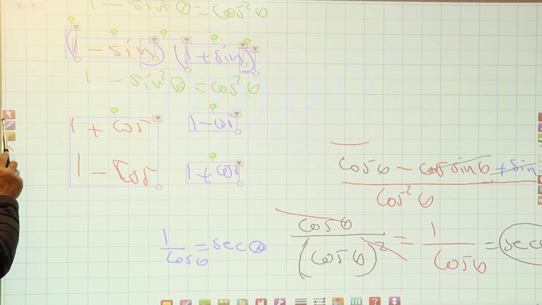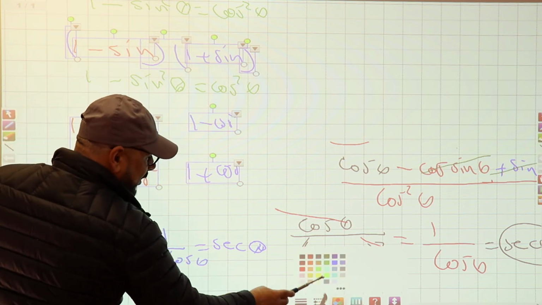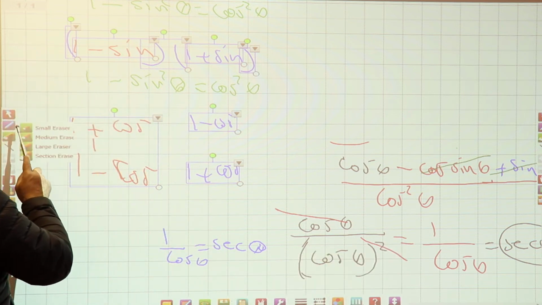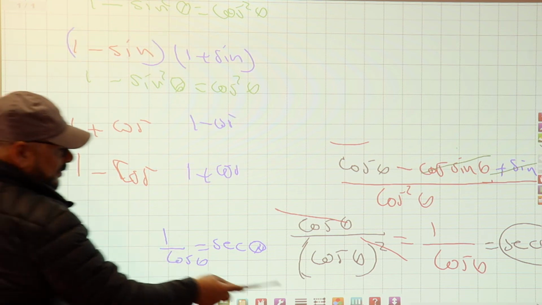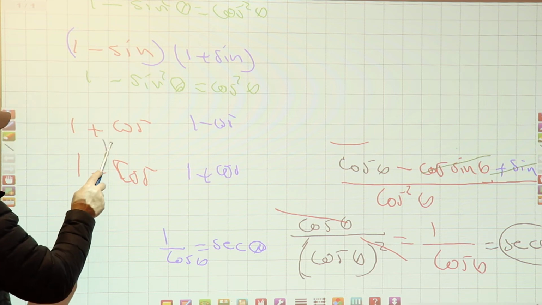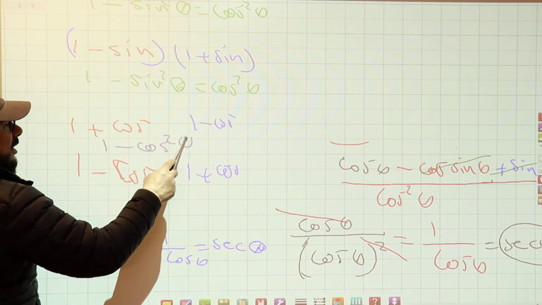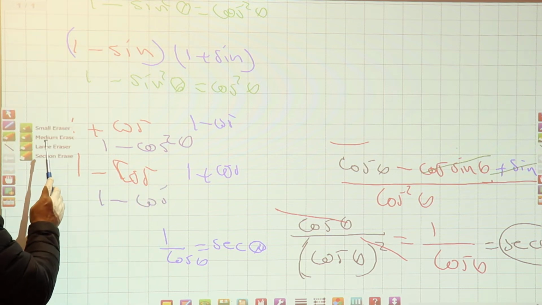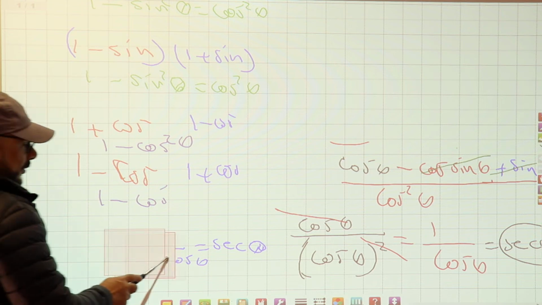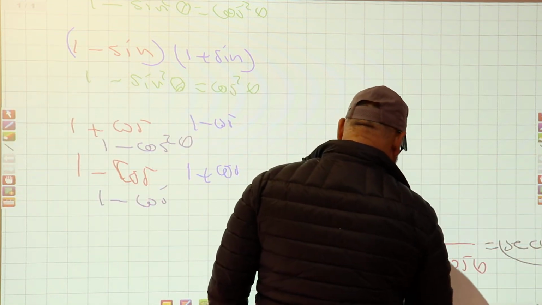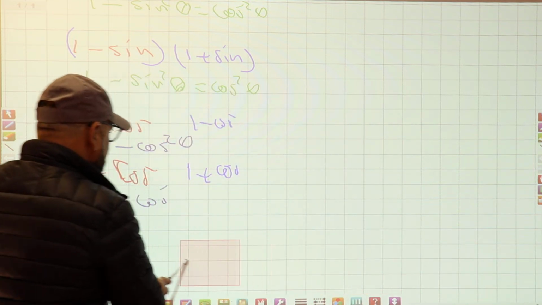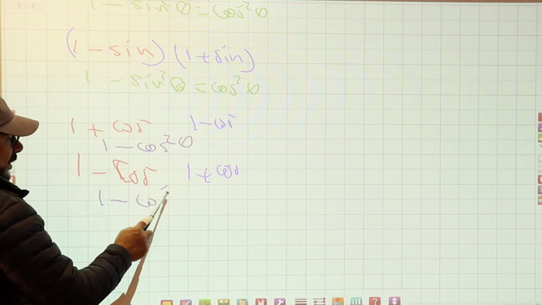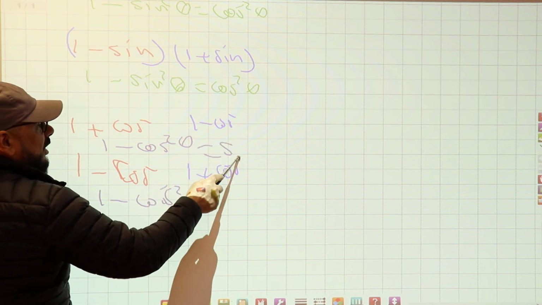Guess about this one. 1 plus cosine times 1 minus cosine gives 1 minus cosine square theta, which is sine square theta.